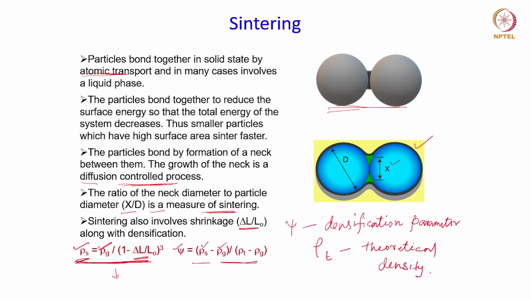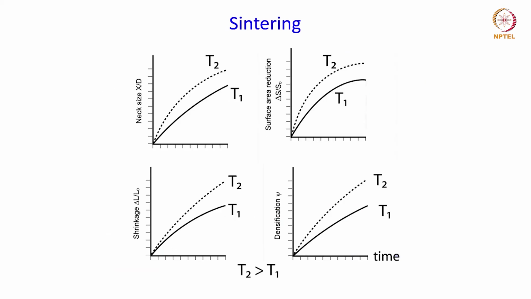So densification is all about elimination of the pores, and the final density, the neck size, surface area and shrinkage are all related to the measures of the pore elimination process which takes place during sintering. And as I said, sintering is a high temperature process.